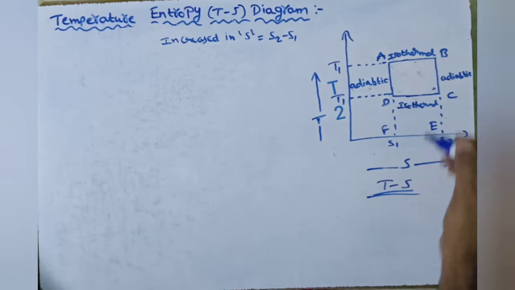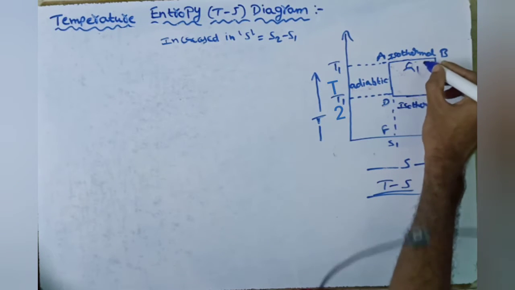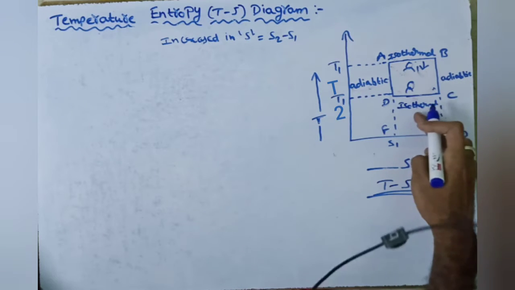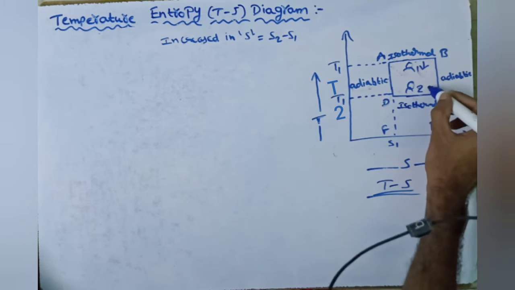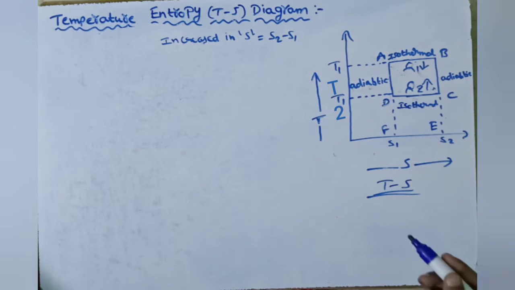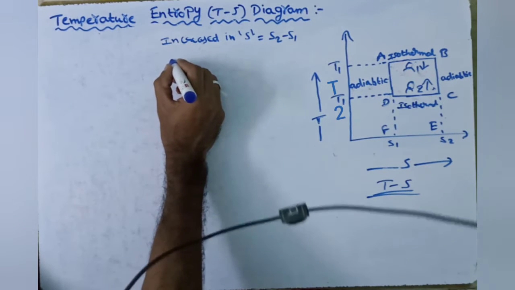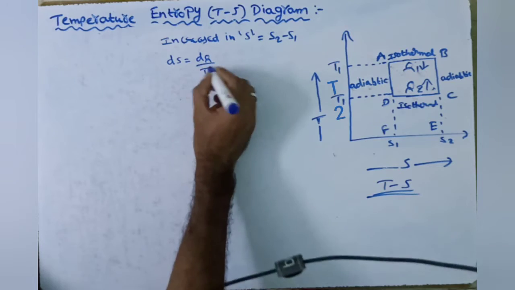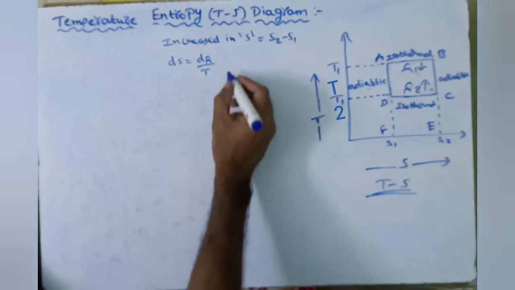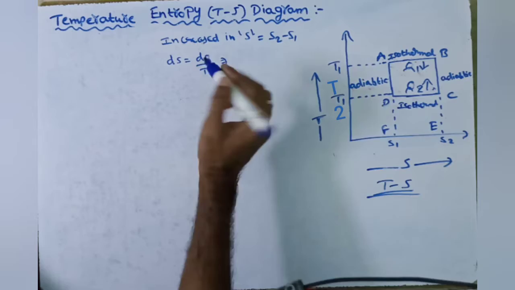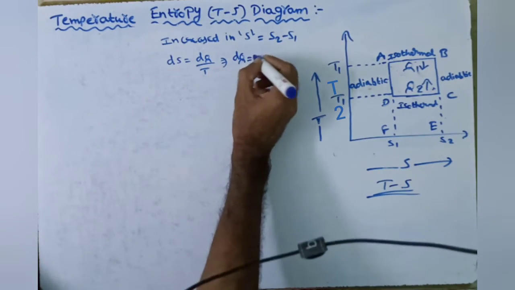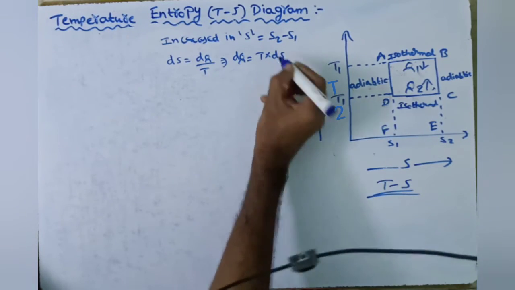Next, in isothermal expansion, Q1 amount of heat is absorbed by the working substance, and in the isothermal compression process, Q2 amount of heat is released by the working substance. Now we know the entropy formula: change in entropy dS is equal to dQ by T. Here dQ represents how much heat energy is absorbed, so dQ is equal to T into dS.